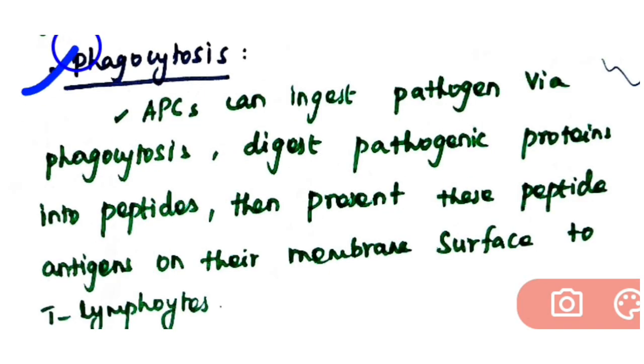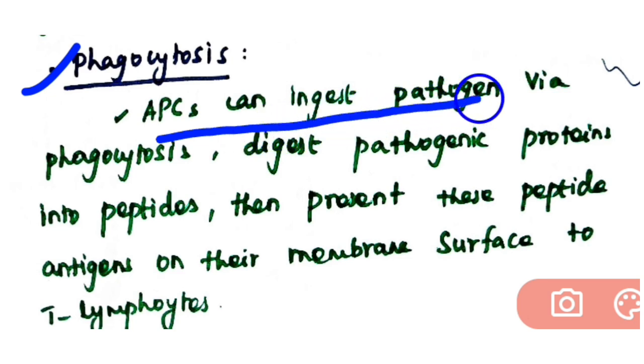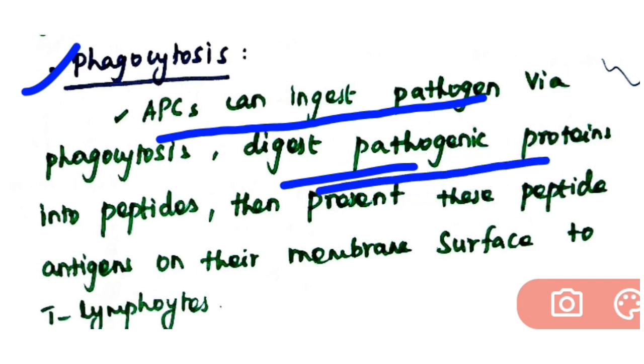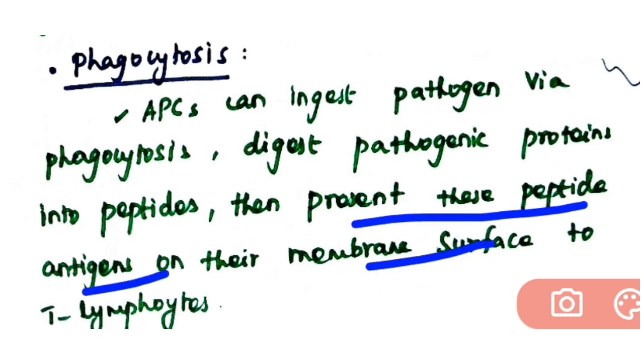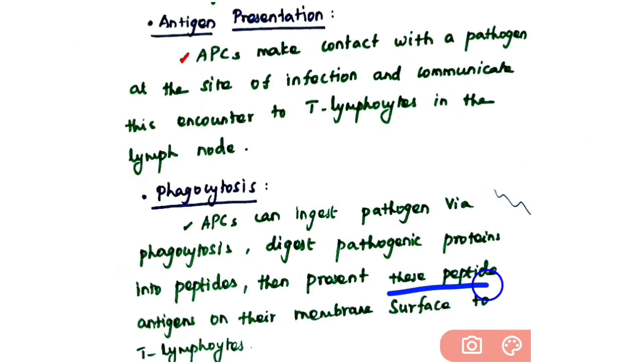Through phagocytosis, non-specifically, these antigen presenting cells can ingest pathogens, meaning they engulf the pathogen and digest all pathogenic proteins into peptides. Then they present these peptide antigens on their membrane surface to the T lymphocytes. The presentation of these antigens to T lymphocytes is also known as antigen presentation.